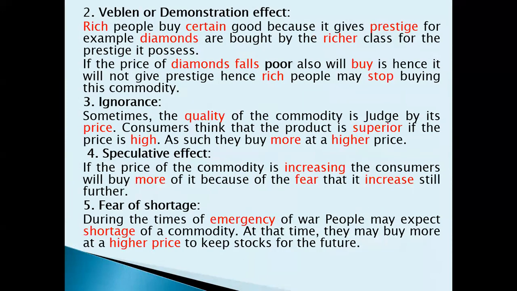Then we saw the Veblen demonstration effect, in which, if the prices of certain products decrease, rich people stop buying because they want to show prestige through the product. If prices go down, demand will not increase, demand will again decrease.